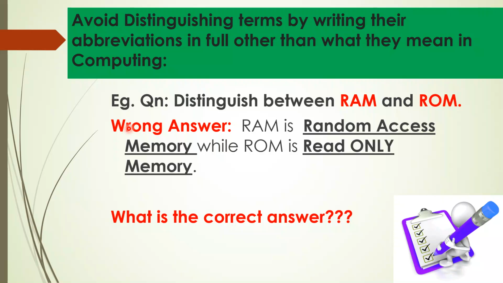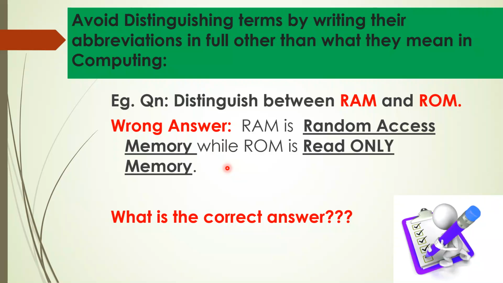For example, distinguish between RAM and ROM. Avoid wrong answers like RAM is random access memory, ROM is read-only memory. Please avoid such kind of answers, writing their full abbreviations. So you come up and say that RAM is volatile, meaning that it loses its content when power goes off.